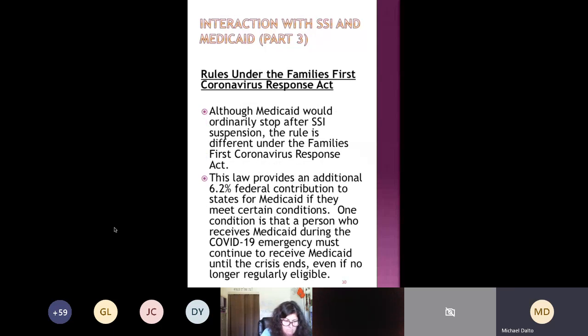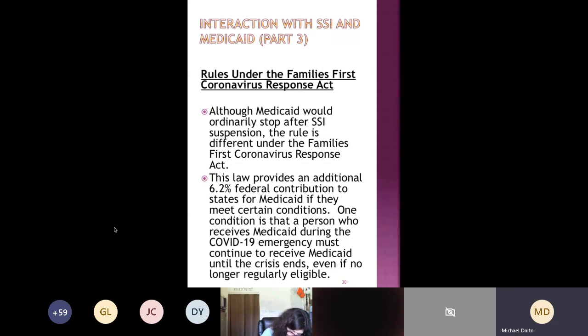Now, those are the rules. Those are the regular rules. Now I wanted to talk about rules under the COVID-19 emergency. There is another major piece of federal legislation that passed in response to the COVID-19 emergency, in addition to the CARES Act, passed actually earlier.